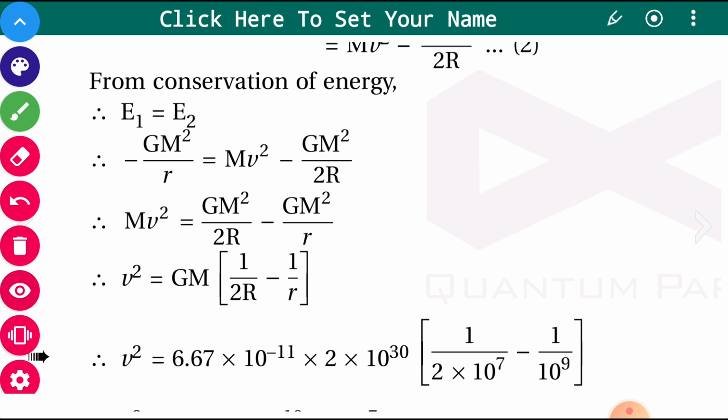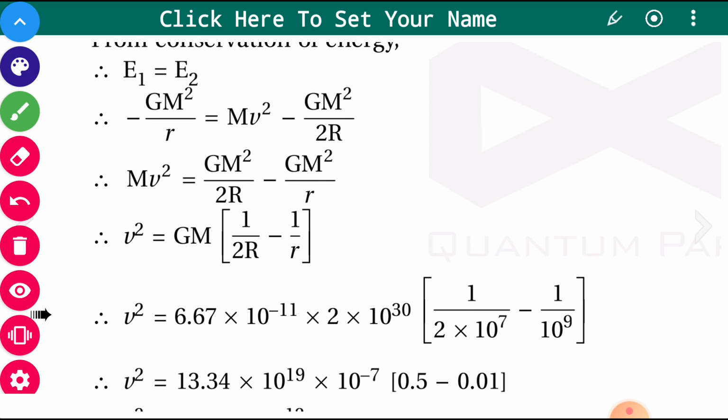Now on simplifying, m v square is made the subject of the formula. So this G m square with negative sign is taken to the left-hand side, and then G m square is taken common, 1 upon r is cancelled out. You can easily simplify this part now.